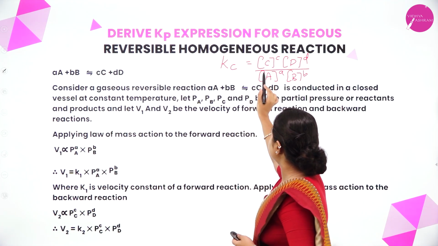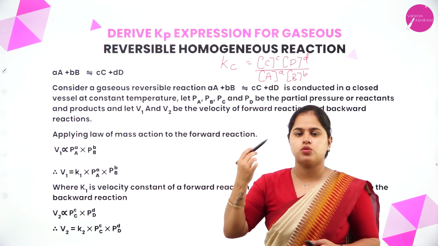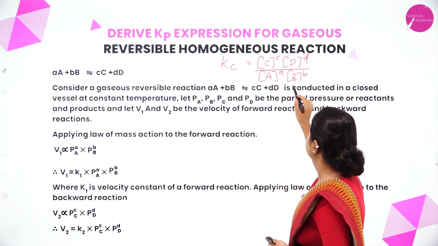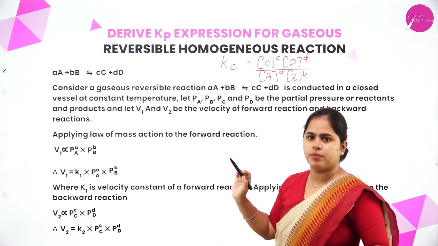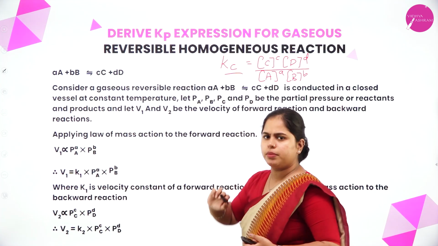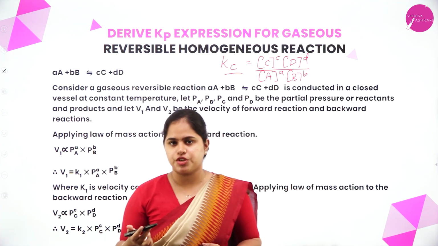So concentration of C raised to the power c, which is the stoichiometric coefficient of that, [D] to the power d, same way divided by [A] to the power a into [B] to the power b.